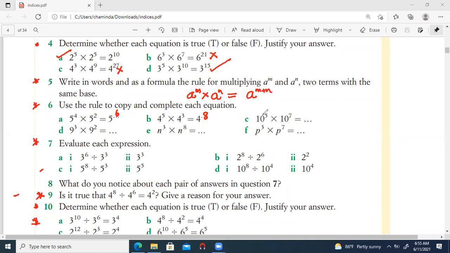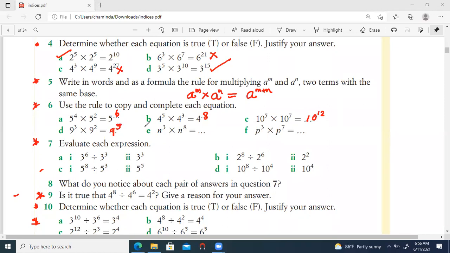Next one, 10 to the power 5 times 10 to the power 7. What might be the answer? 10 to the power 7 plus 5, 12. That's the correct answer. Very good. Next one, 9 to the power 3 times 9 to the power 2. We have to add: 9 to the power 5.